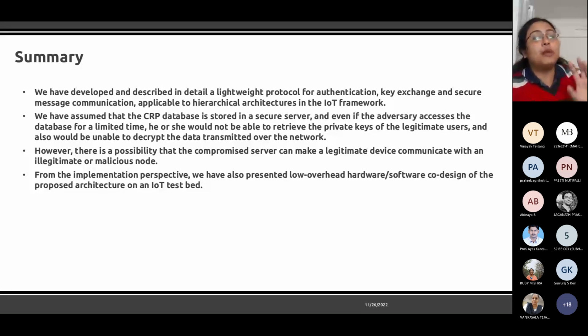Second, the amount of memory required to store the challenge-response pair. In my case, it was a 64-bit challenge and a 128-bit response. But in many protocols, you have to store more than 1,000 bits per challenge-response pair, which increases the memory overhead of the server.